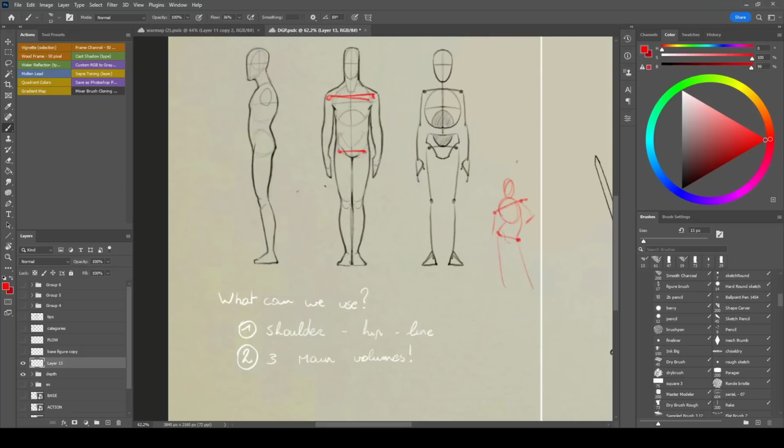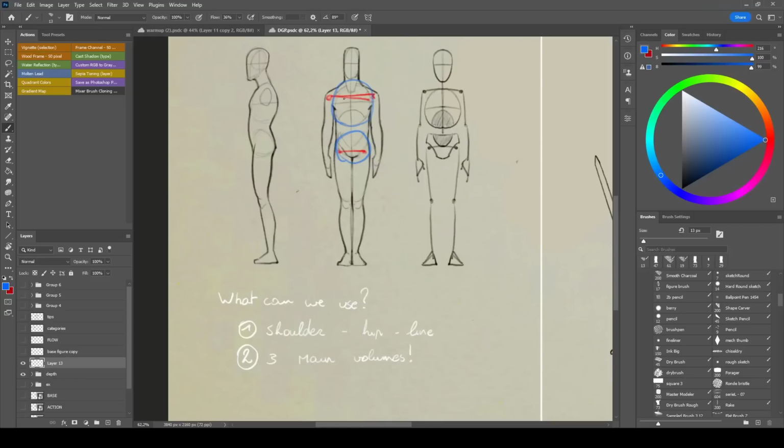Now, aside from the shoulders and the hips, we are also going to be talking about the three main volumes, and those are, in my opinion, more important. Why do we have these two pointers? Well, because the shoulders and the hips are obviously very much tied together to our chest and our pelvis. So from the moment I'm angling my hips, I'm also rotating my pelvis. From the moment I'm moving my shoulder, my chest is probably going to move with it.